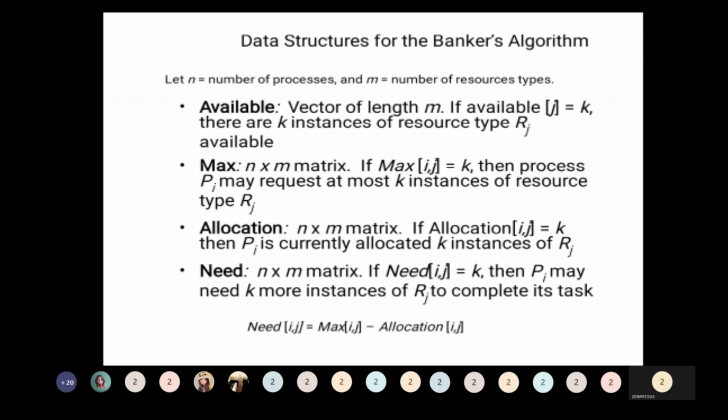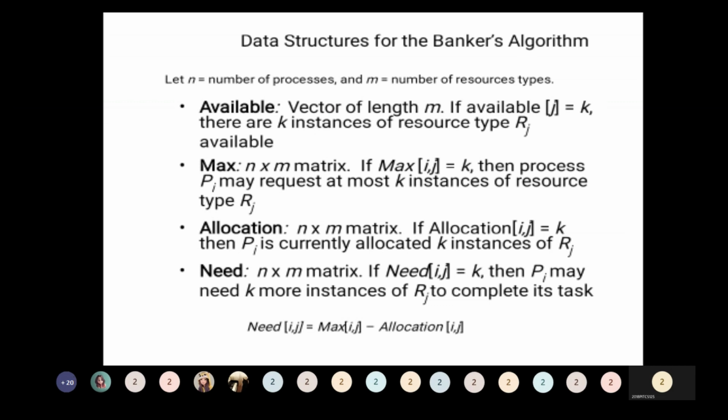That is the meaning of max[i][j] equal to k. Process Pi can request at most k instances of resource type Rj.